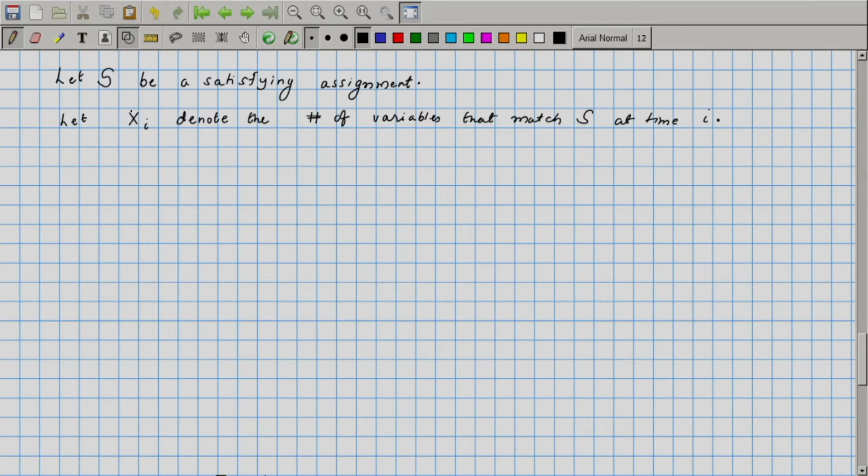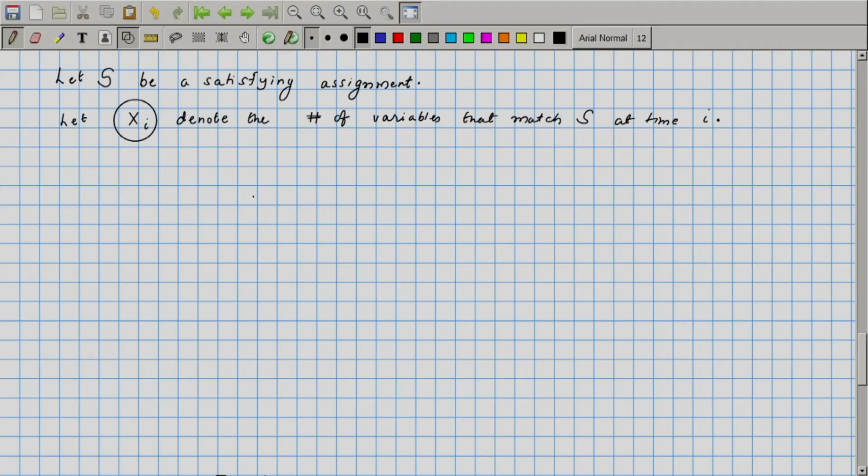Since there is a satisfying assignment, this xi has some particular value. The moment xi is equal to n, we know that all the variables match S and therefore it is a satisfying assignment, and the algorithm would stop when xi equals n. We want to know how many steps it will take for xi to reach the value n.